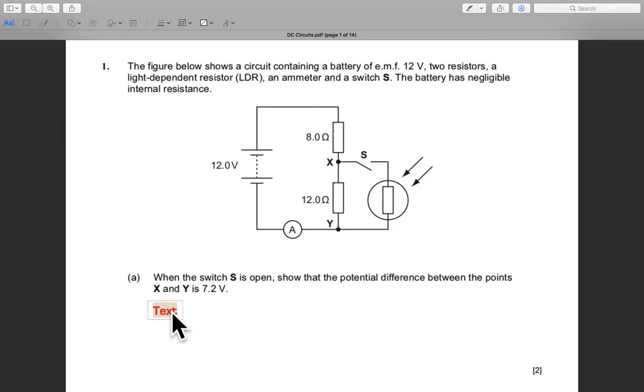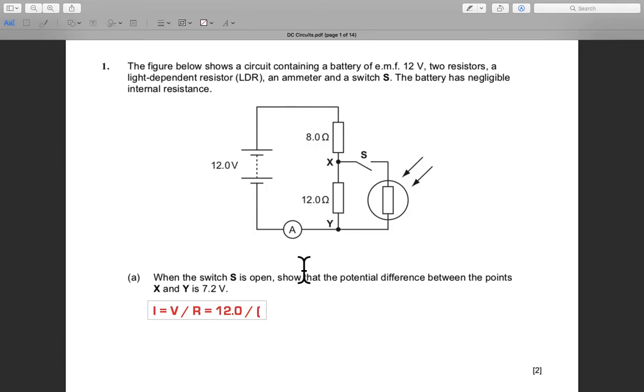If we find the current first, current I equals V divided by R. V is 12.0 divided by R when S is open, so the resistance is only 2 between 8 and 12.